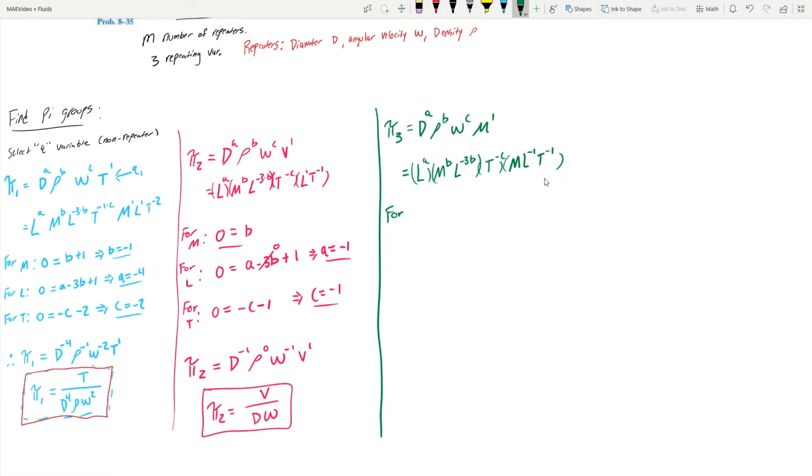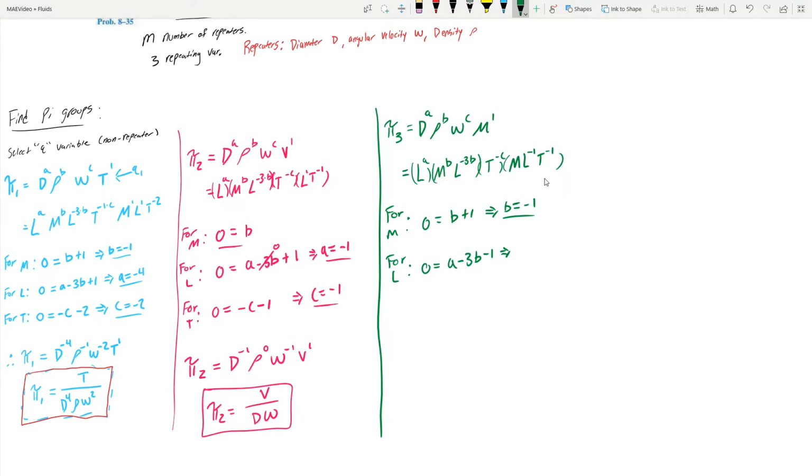Okay, so for m, we have 0 is equal to b plus 1. So we get b is equal to negative 1. For L, we get 0 is equal to a minus 3b minus 1.